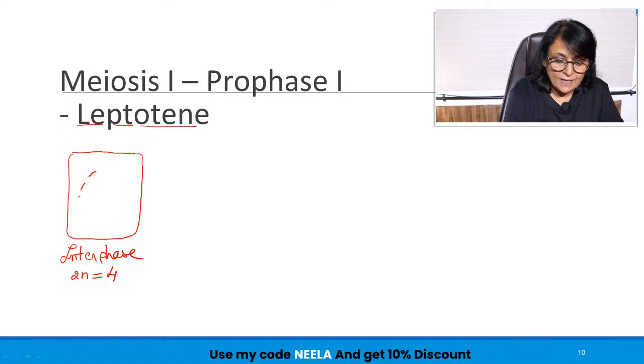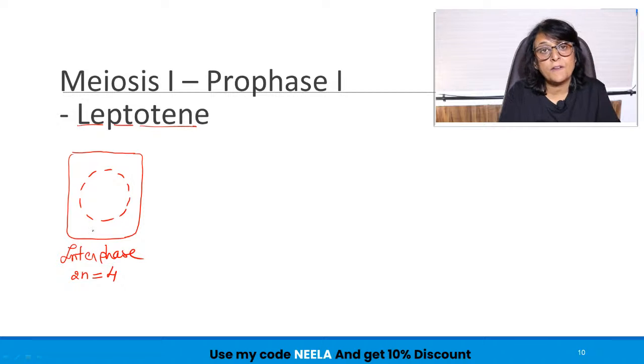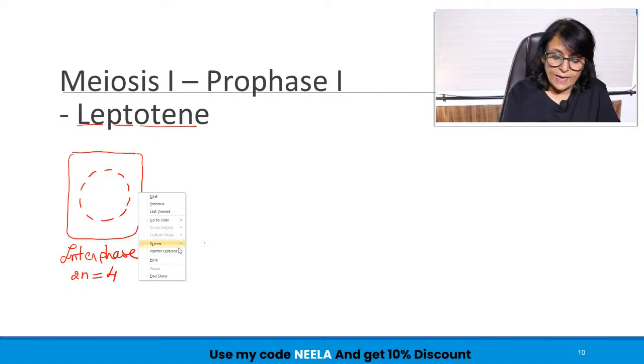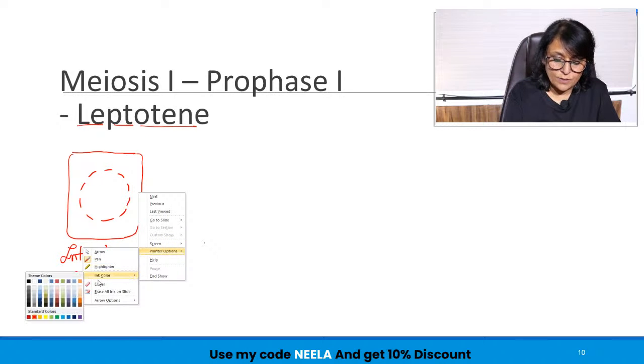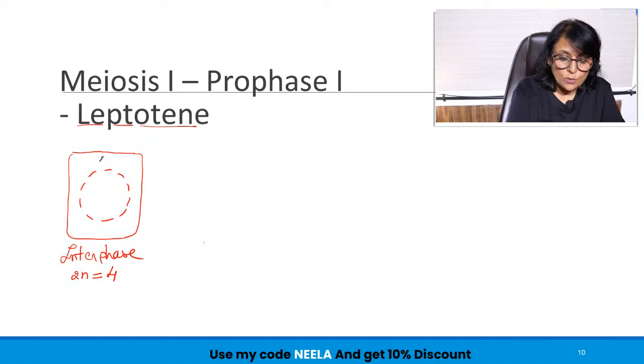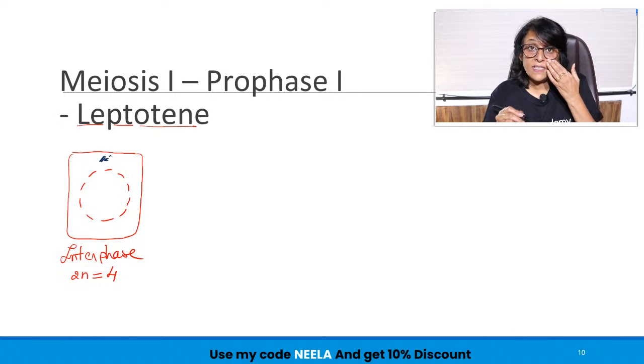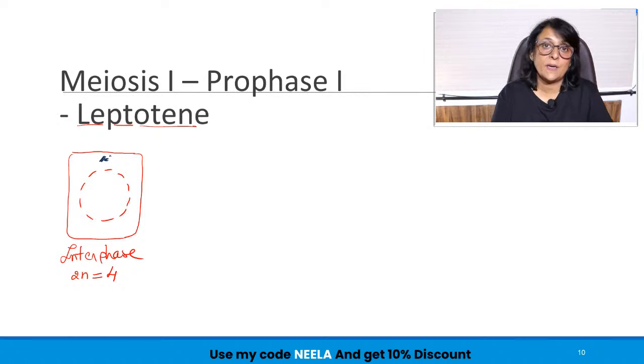Nucleus is large because it has already undergone interphase. It is an animal cell, so this animal cell has centriole, because this we need to draw and understand how the centriole and the nuclear membrane and all those things are changing.